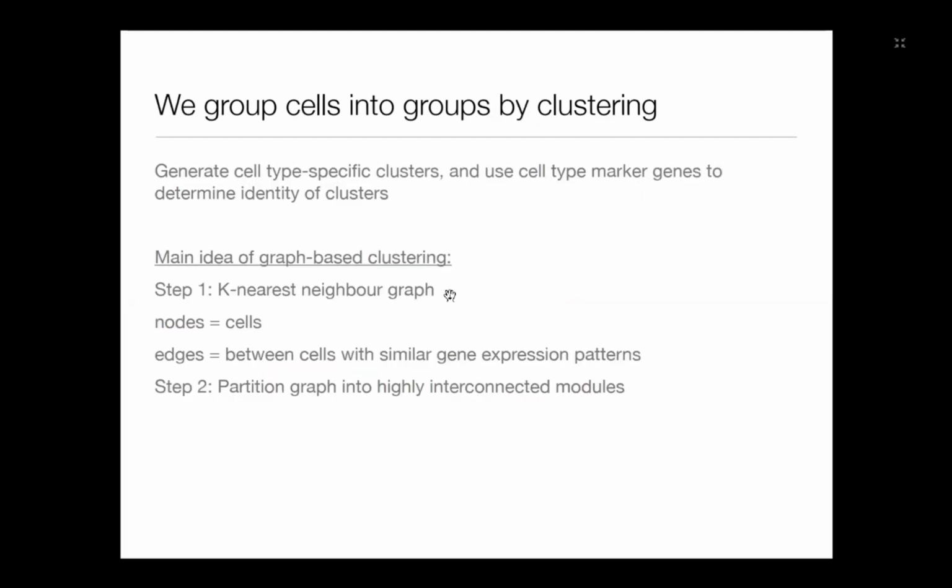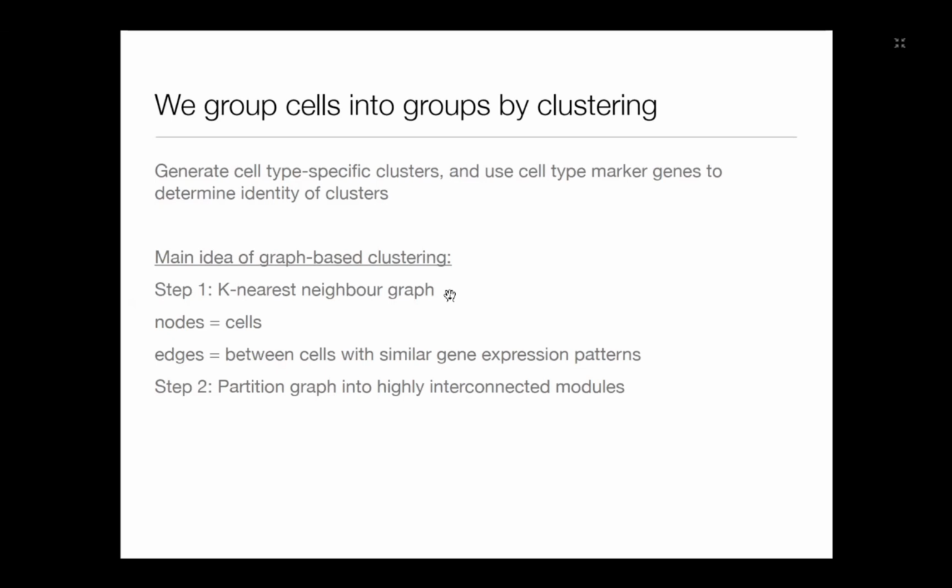Now that we have a UMAP, we also want to group the cells by clustering. The idea is to find cell type specific clusters, and then we can use them to find marker genes and to actually identify what the cells in the clusters are. We often use graph-based clustering for single cell data, where we first build a k-nearest neighbor graph. The nodes are the cells in that graph, and then we have edges between the cells with similar expression patterns.